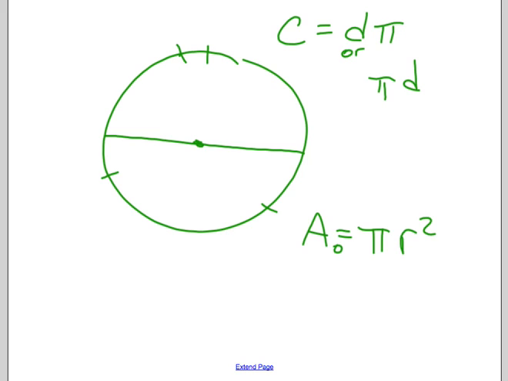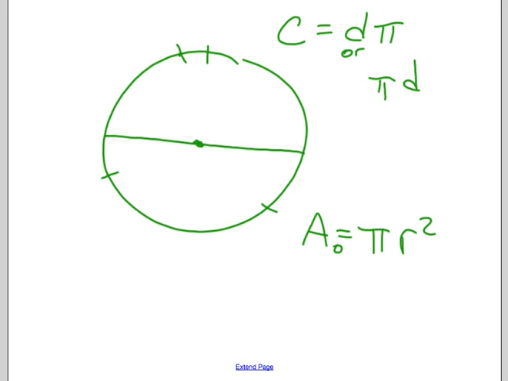Area. So if you can remember pi d, pi r squared, then r squared would have to be the area because of the squared value. Then you don't really have to remember circumference equals pi d and area equals pi r squared, but you remember the two formulas and then break them apart there at the end.